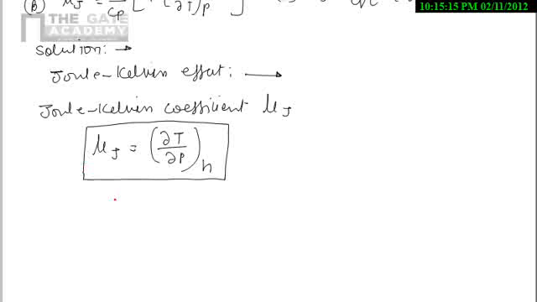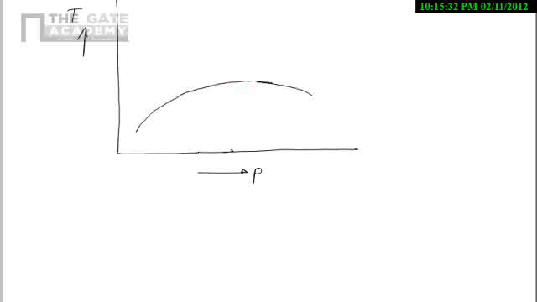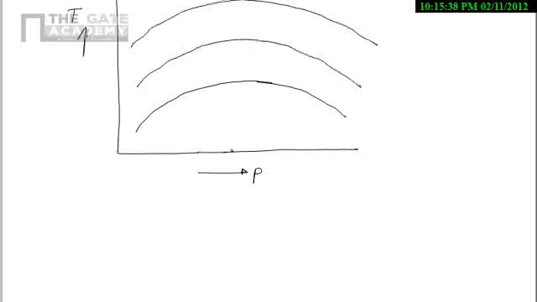So here I am drawing the curve on a TP diagram, temperature, pressure diagram. Here I am having curves which have constant enthalpy. In that process, if I join the peaks, I will have this kind of curve joining the peak here.